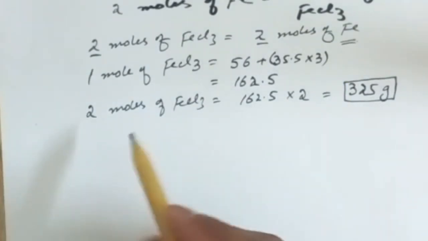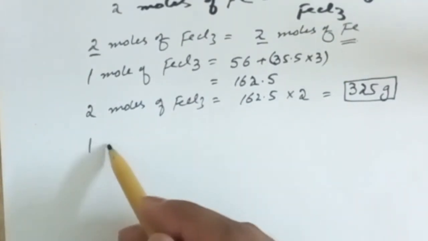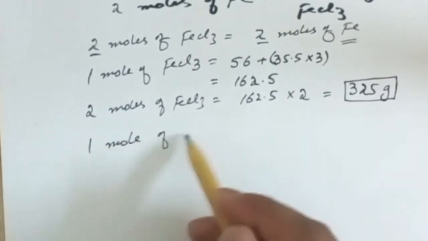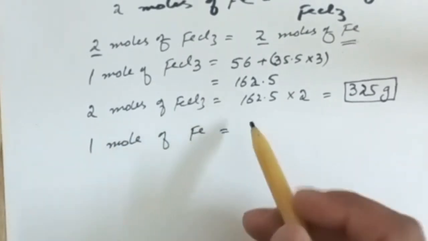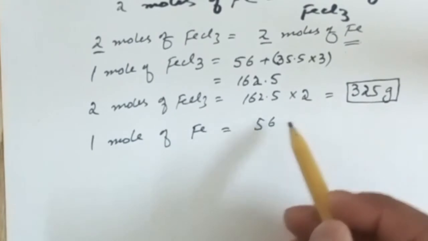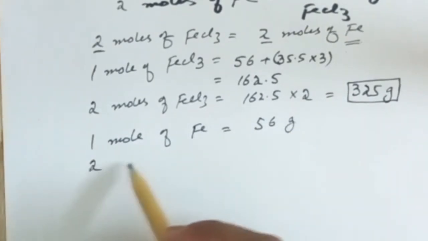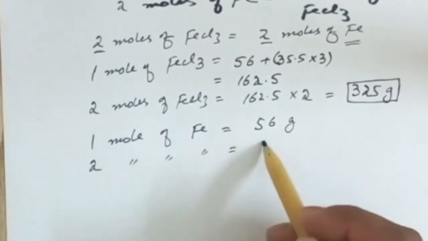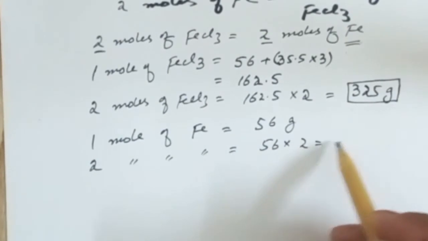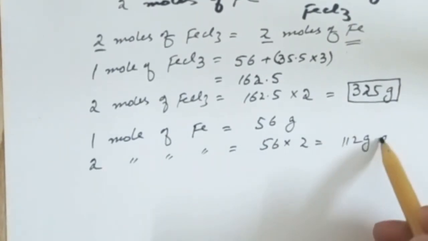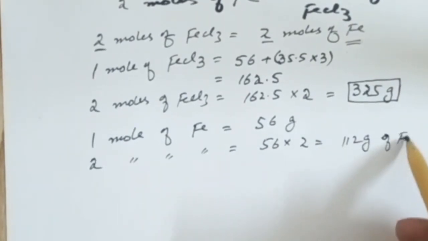Similarly, if we look at iron, 1 mole of iron from the periodic table has a molar mass of 56 grams. So for 2 moles the weight of iron will be 56 multiplied by 2, and we get 112 grams of iron.